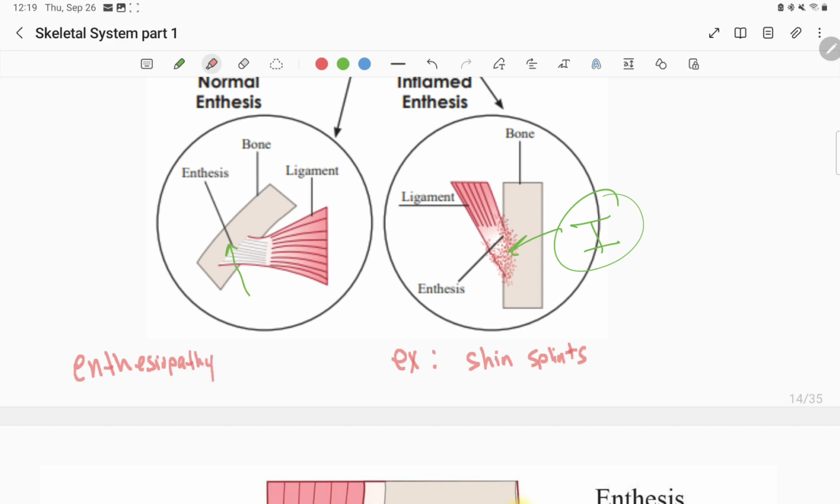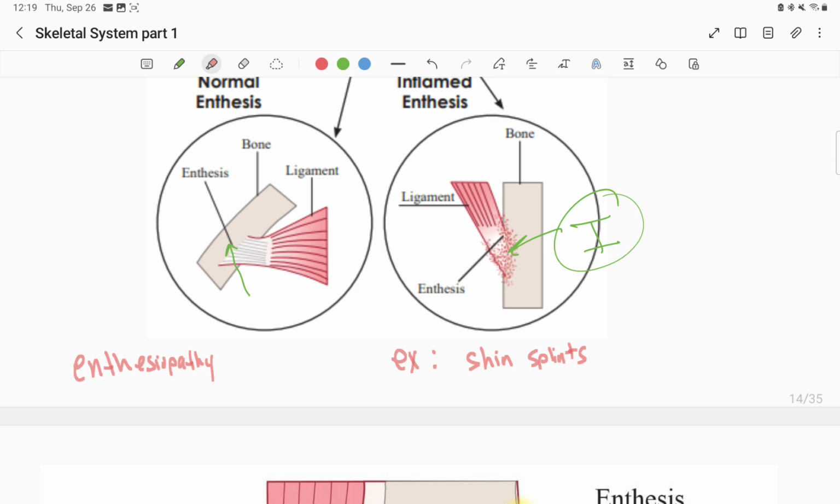And what is that? Simply inflammation of the tendon or the ligament or both and the bone itself. You actually create little micro tears in the periosteum of bone. Not seen on x-ray, it's too small, but that's what shin splints are.